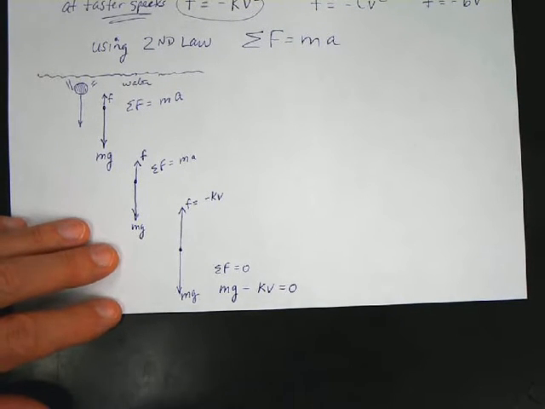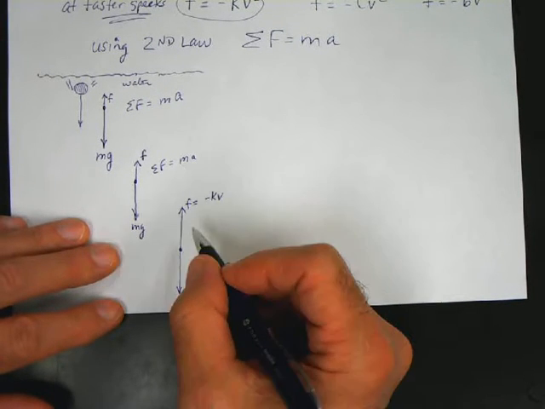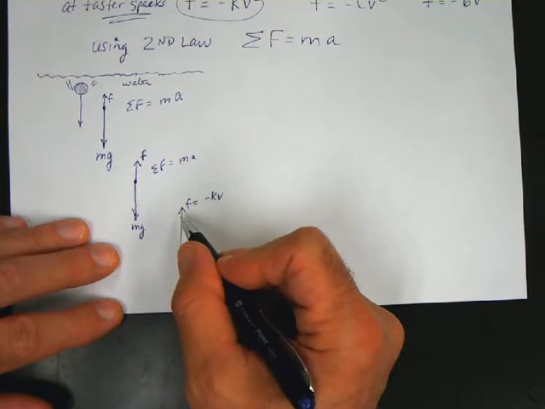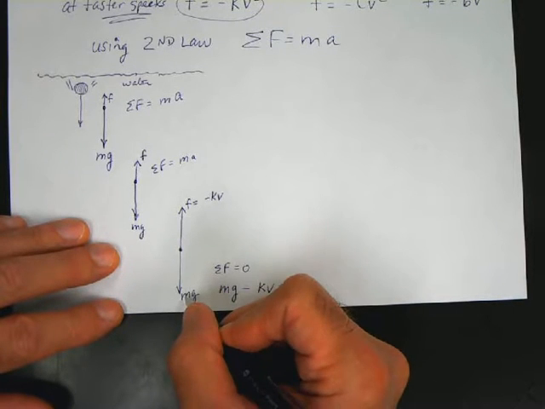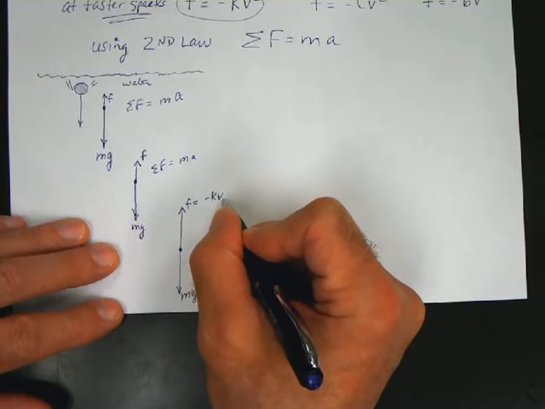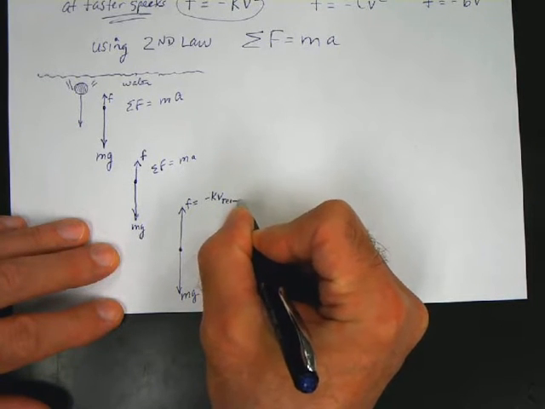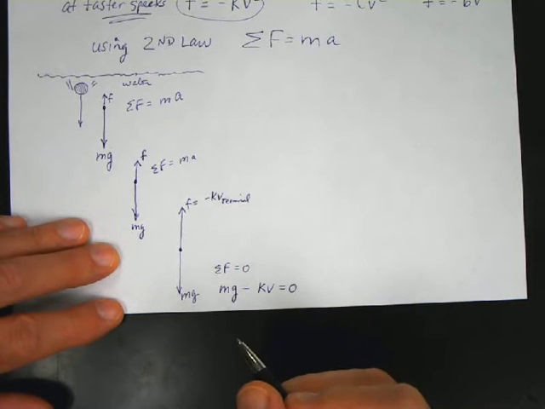Now at this point, once the resistive force is equal in magnitude to mg, then this velocity here is known as the terminal velocity, or I can just put v sub t right here.